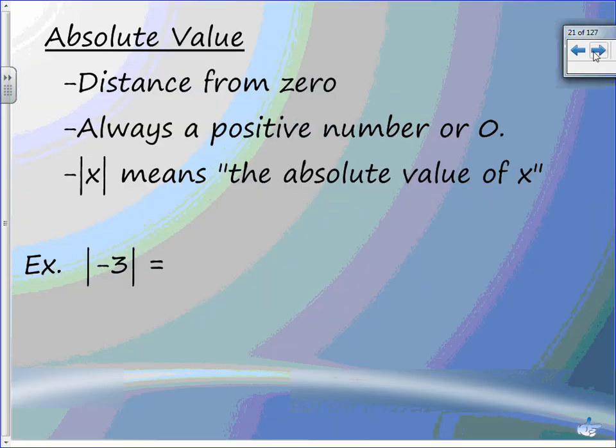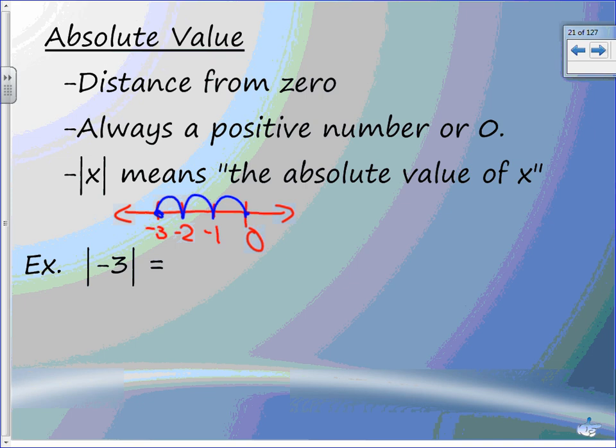Okay. Now, hopefully you guys have had some experience with absolute value. Absolute value is simply how far a number is away from 0. So if you consider how far -3 is away from 0 on a number line, here we have -3, -2, -1, 0. -3 and 0 are 1, 2, 3 spaces away.